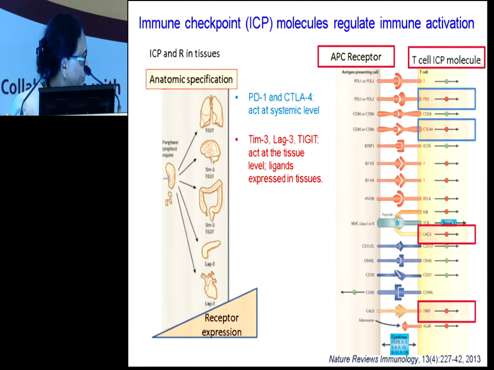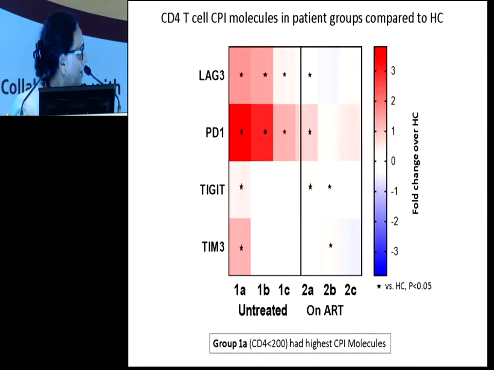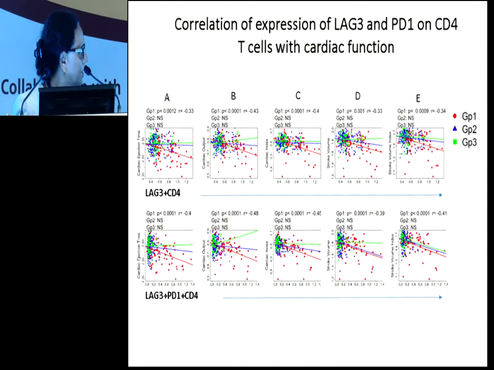And they are expressed in tissues, and their anatomical specifications in different tissues express different of these checkpoint inhibitors. And you can see that in the T cell subsets, there was higher PD1 and LAG3 in CD4 T cells in group 1. And again, shown in a heat map, these markers are mostly in group 1A, but also persist a little bit in the other groups.